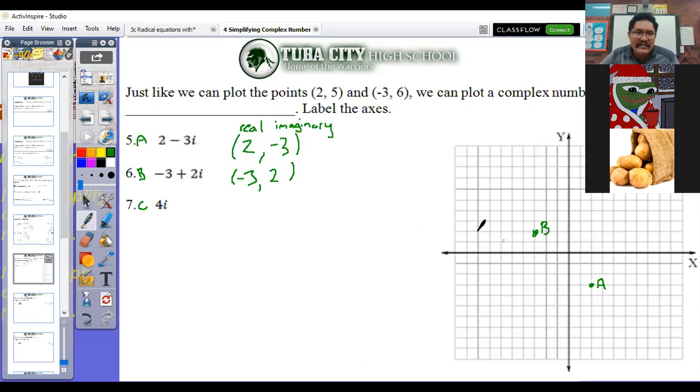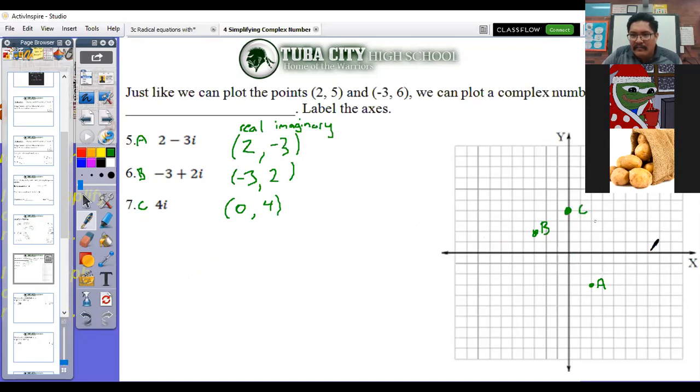And the last one does not have a real number, so 4i. Point C does not have one, so the real number is not there, so it's going to be 0, just like we did in the previous exercise. And 4i, so the imaginary part is going to be 4. So we don't go left, don't go right, just go up 4, and it's going to be right on the imaginary axis right here.